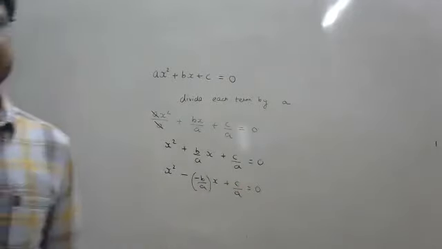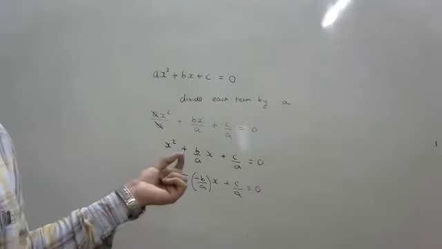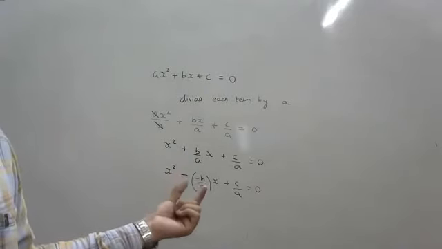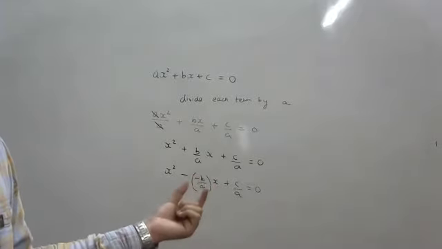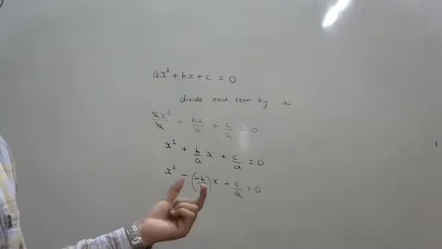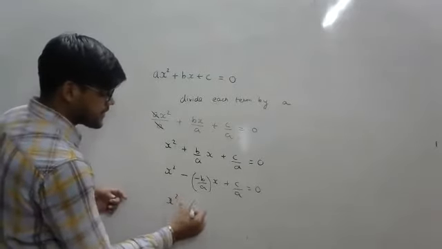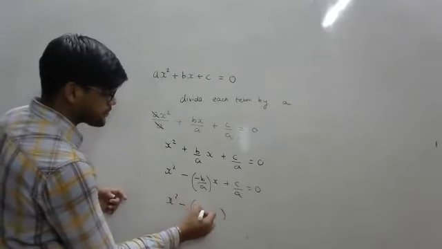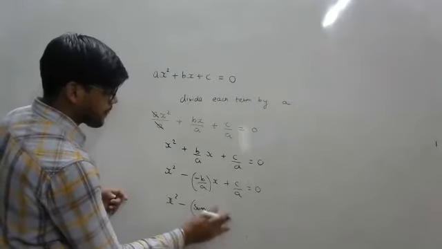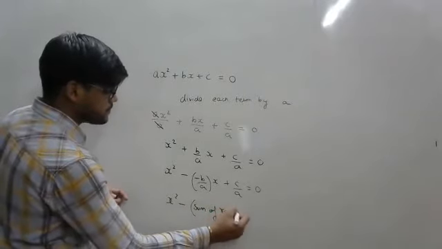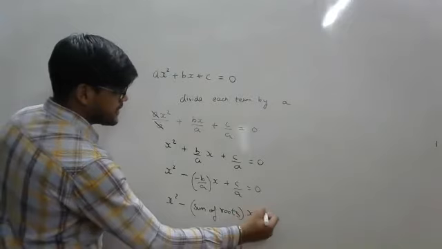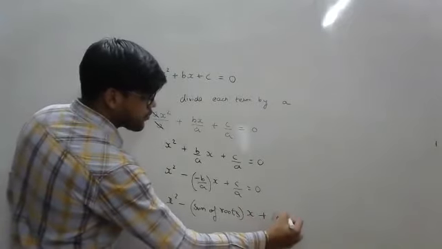Minus minus will be plus again whenever required. So I'm writing this plus as minus into minus. Why? Because I need a minus. I want to convert this into our formula. This is now sum of roots. This particular term you can say x square minus sum of roots plus product of roots. Yes, product of roots.